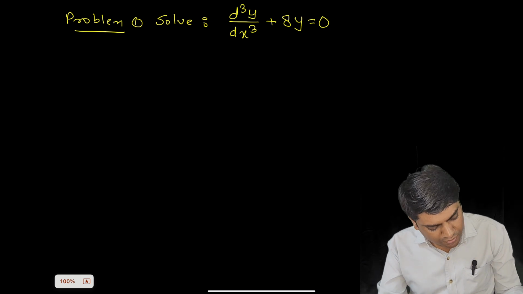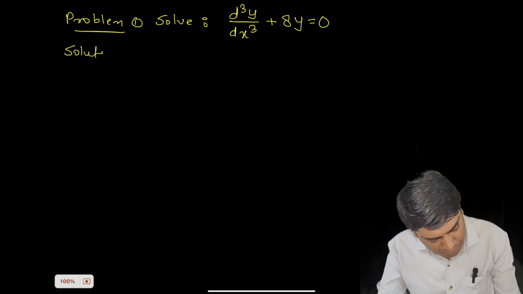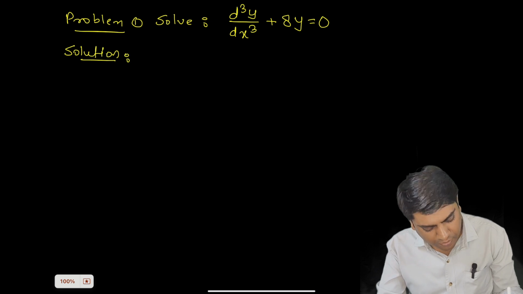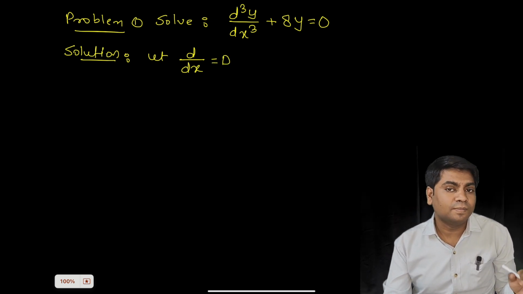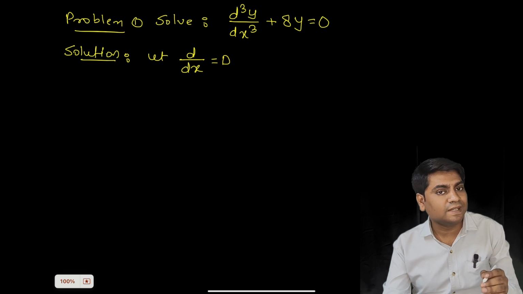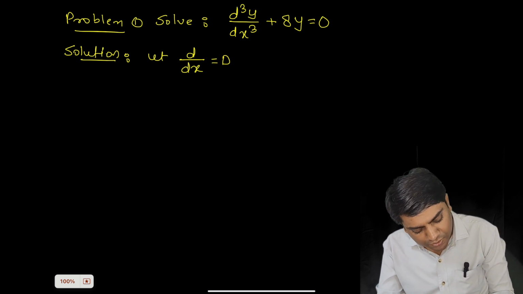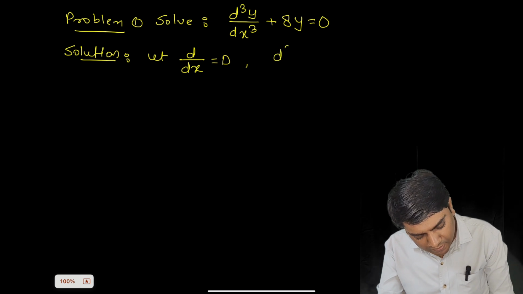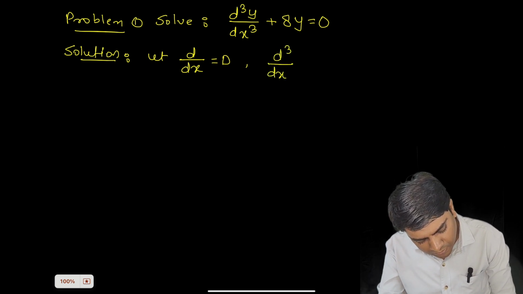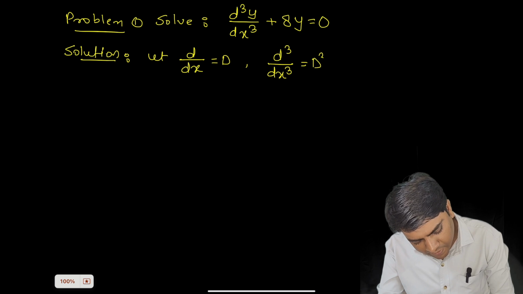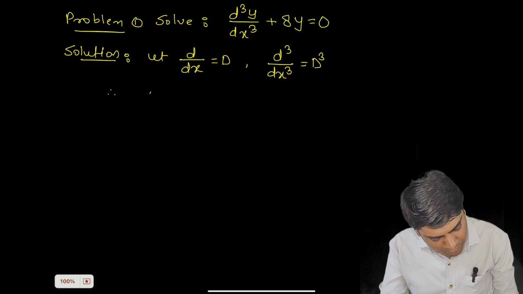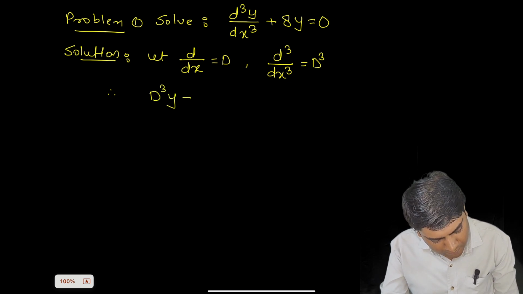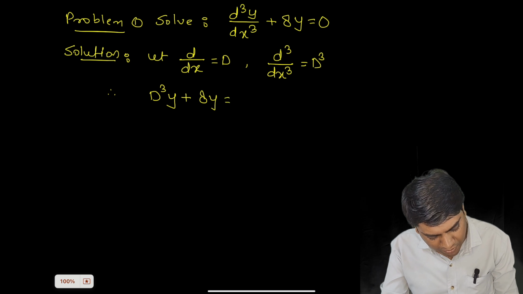Okay, so solution. So first let d by dx is equal to D. In the very beginning, when we started the module, we saw that d upon dx is written as capital D. So by using this we can write d cube upon dx cube as capital D cube. Okay, so therefore our equation will become D cube into y plus 8y which is equal to 0.